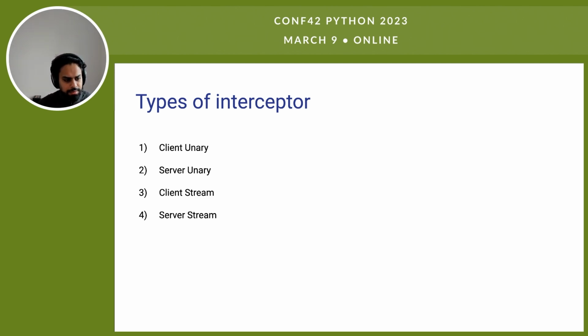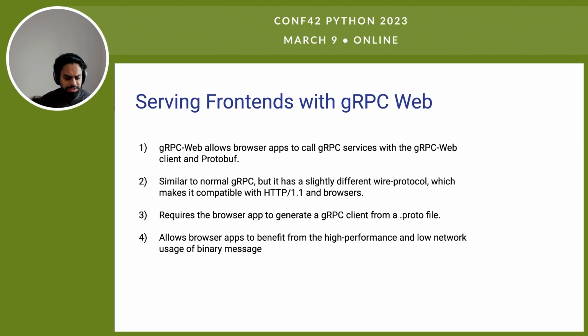All right, that's it for interceptors. Now let's take a look at how we could serve front ends using gRPC. gRPC was designed to be a machine-to-machine protocol, which means browsers natively do not support gRPC.